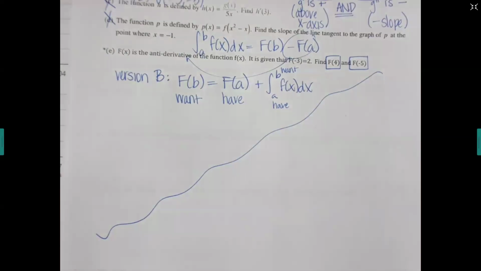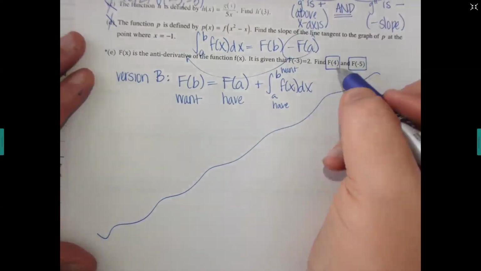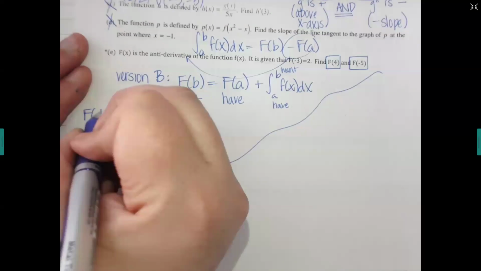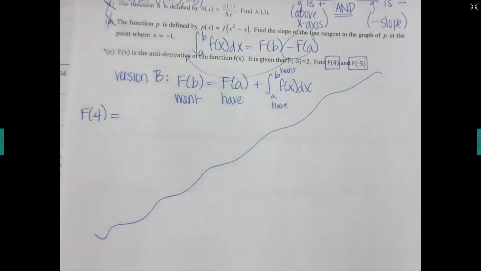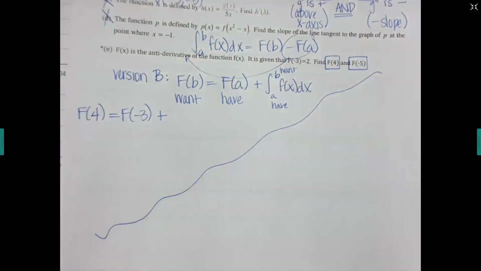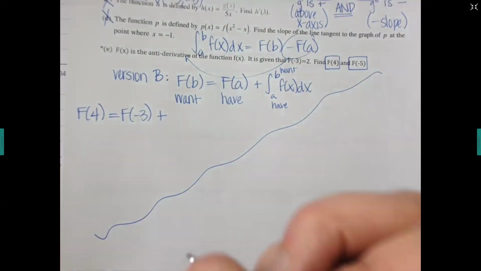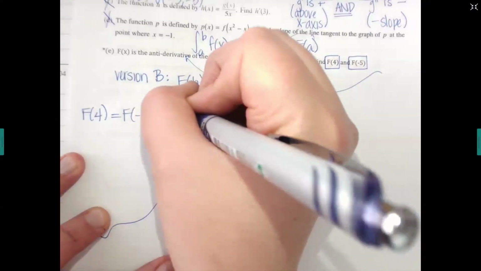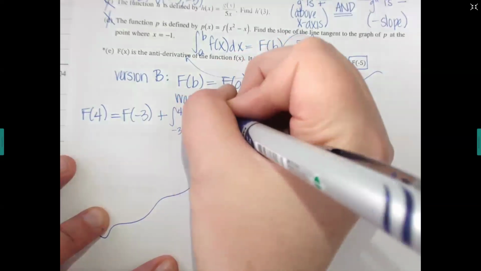I want capital F of 4. Okay, that's the first thing they asked me to find right here. So I would say, okay, my want is big F at 4. What is the big F that I have? They give it to you right here. It is given capital F of -3 is 2. And then I'm going to integrate between the time that I have capital F to when I want capital F. So I would integrate from -3 to 4 on F of X dx.